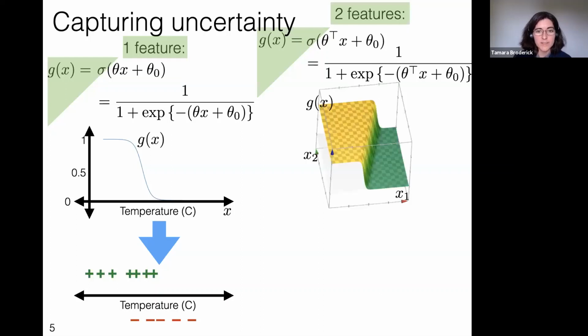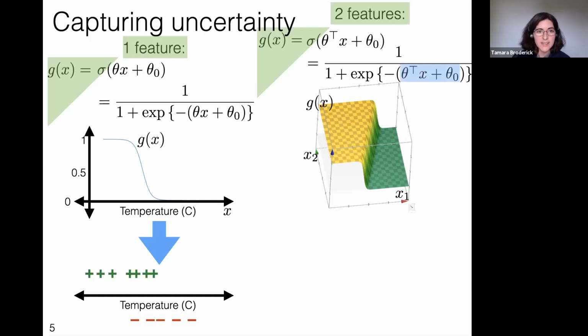Now let's think about what this actually looks like as a function. So remember, in 2 dimensions, our feature set is going to be x1 and x2. And now we're going to draw our g of x. That's going to be some function of both x1 and x2. And to figure out why this shape is appropriate, let's start looking at this function a little bit more.